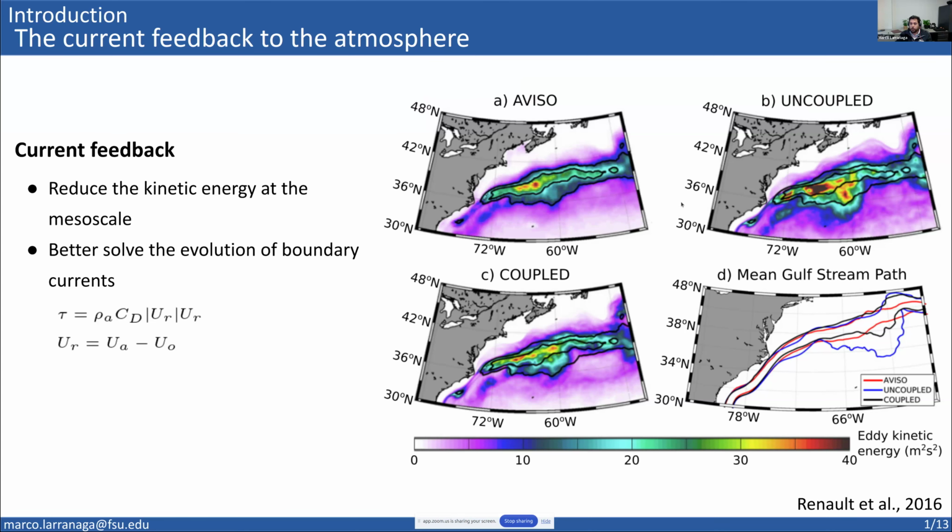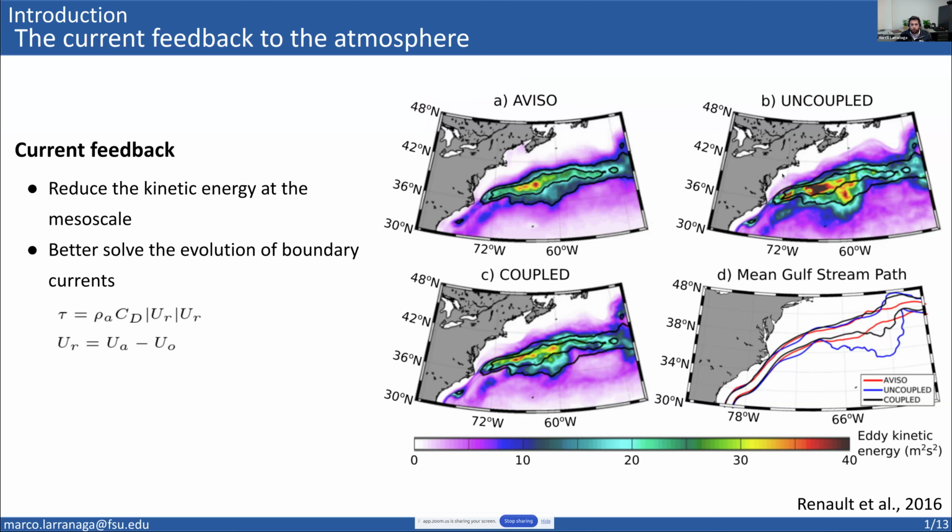Here we have an estimation of the eddy kinetic energy from altimeters, from an uncoupled simulation, and a coupled simulation that includes the current feedback to the atmosphere. As we can see, the coupled simulation is more realistic, more similar to the Aviso estimations, but the uncoupled simulation has an excess of eddy kinetic energy.